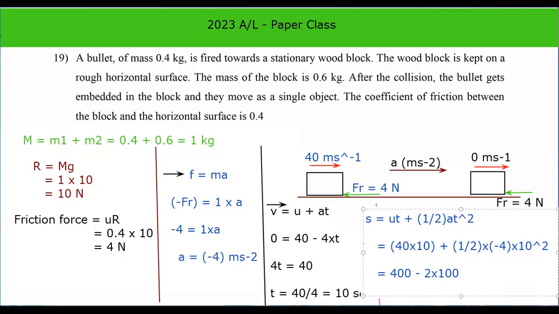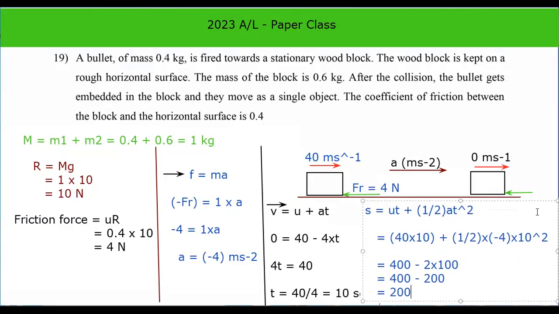So 400 minus 100 times 2, which is 200. So 400 minus 200 means 200. So what is the distance traveled by the block when it comes to rest here? 200 meters, sir. 200 meters.